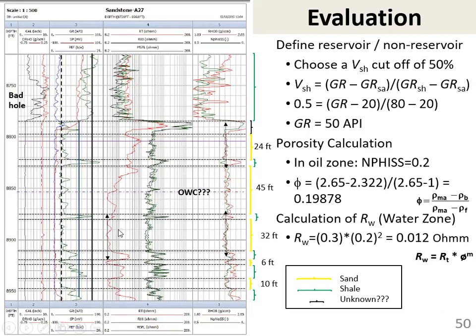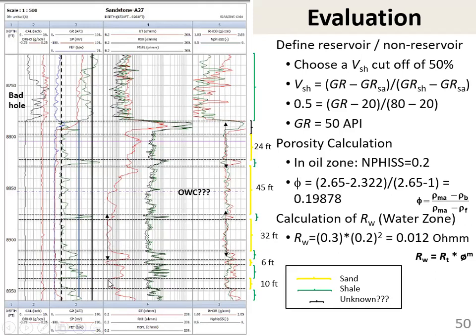So you see here, the region where I have put this arrow, within this 32 feet, you have close to uniform low resistivity values. So this is a clear water zone. If you come here, this is another water zone, even though this is quite thin.